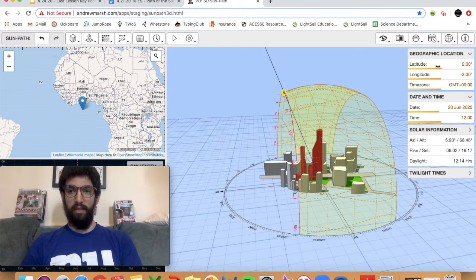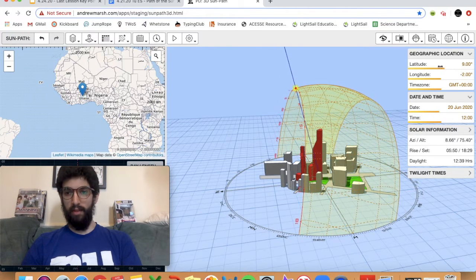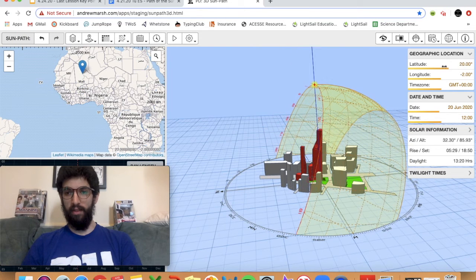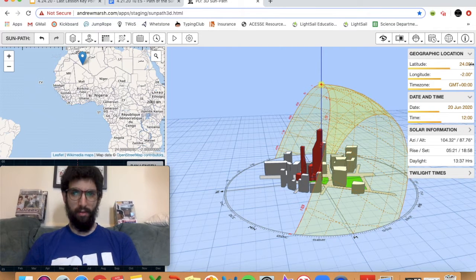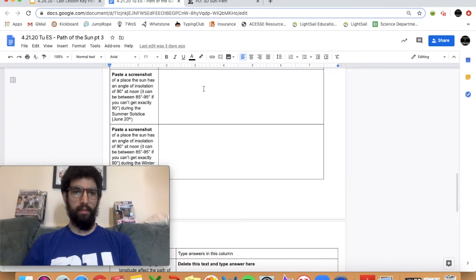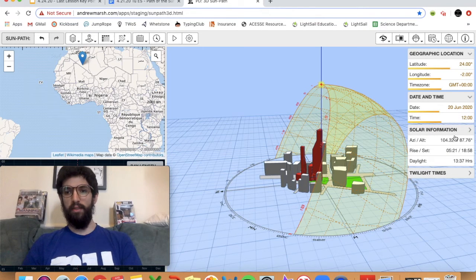If we increase our latitude, we see we're getting higher angles of insolation until we get to right around there. That looks like our highest, 87, and we see our latitude is 24 degrees north. So for this one, where it was 90 degrees at noon, the best answer you probably could have gotten was 24 degrees north for the summer solstice.